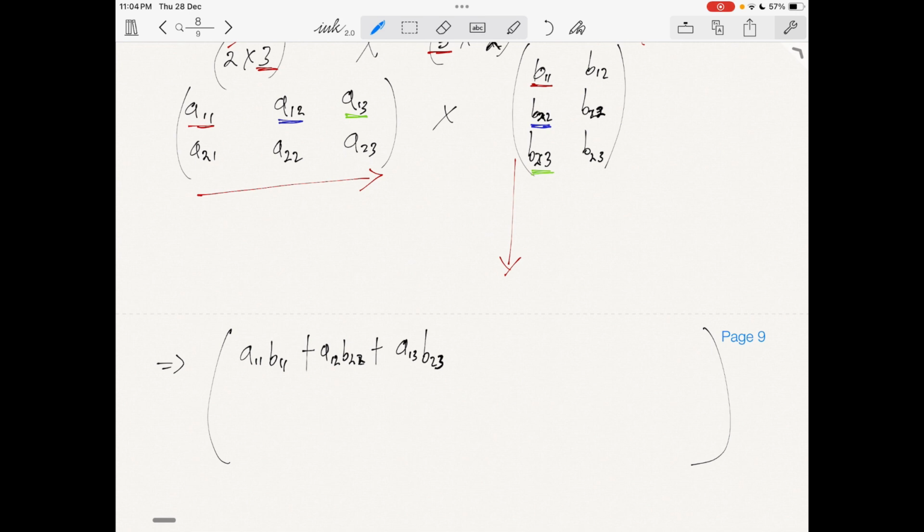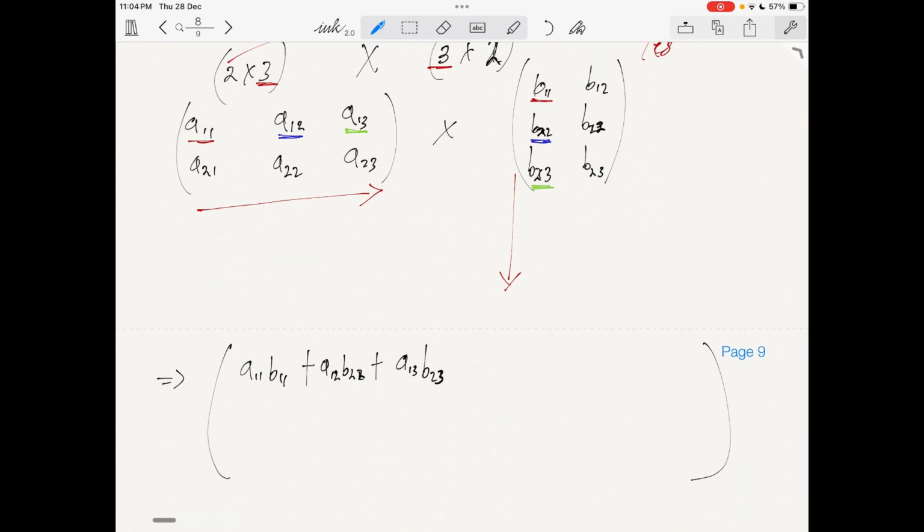Now to get the second element here, we have to use the first row. This element here is the first row and the second column.